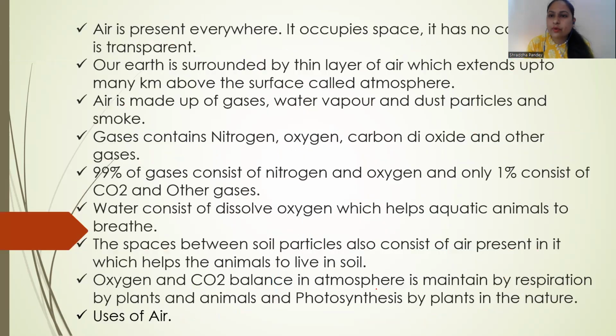So let's take a quick revision of the lesson, whatever we have learned so far. We have learned that air is present everywhere. It occupies space, it has no color, and it is transparent. Our Earth is surrounded by a thin layer of air, which extends up to many kilometers above the surface of Earth, called the atmosphere.